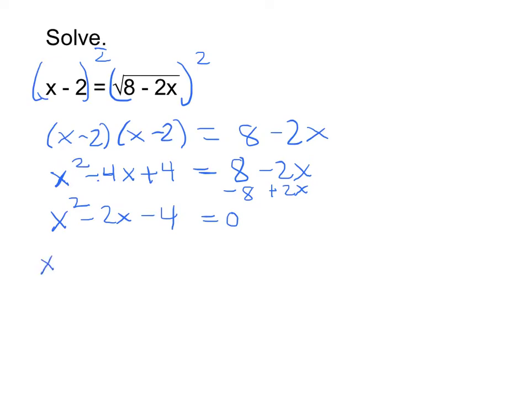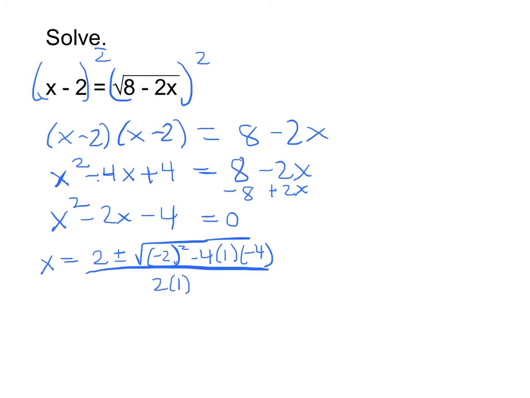So x equals the opposite of b plus or minus the square root of b squared minus 4 times a times c all over 2a, and I'll simplify this a bit. So this is going to be negative 2 squared is 4, and then that's going to be plus 16 over 2.